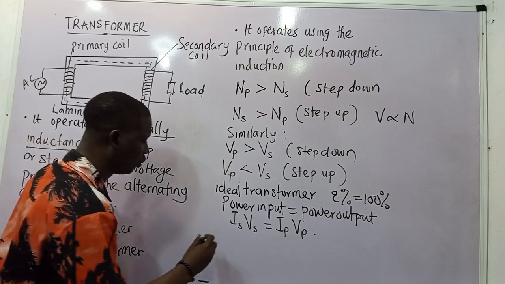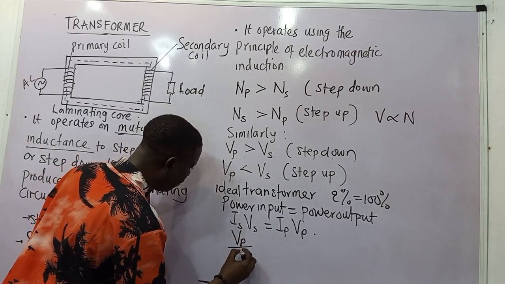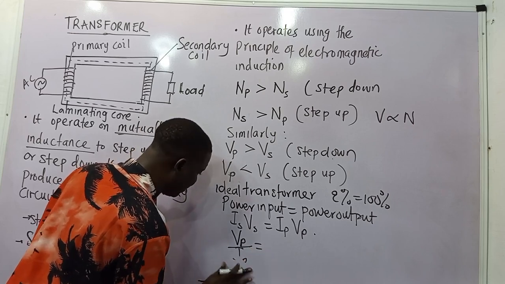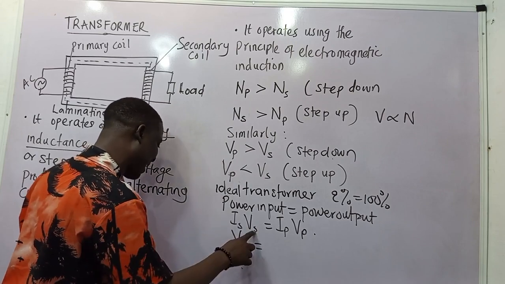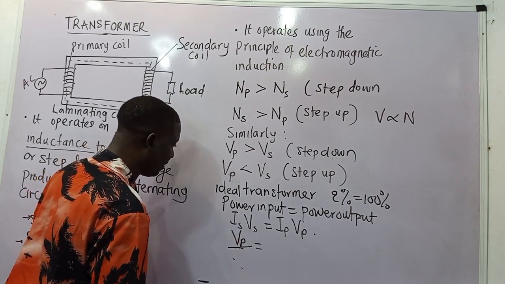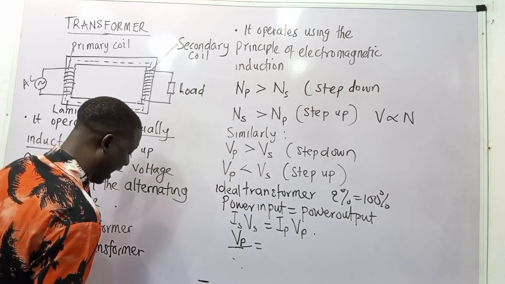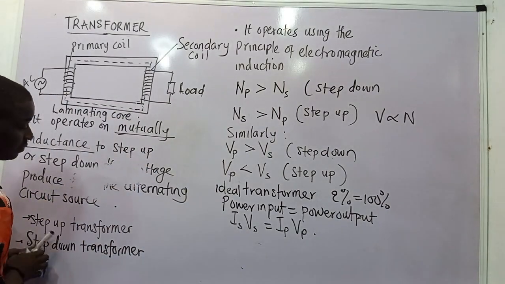Now, first, let me show you something. Remember that from this formula, we can say Vp over Ip equals what? Let me say you divide both sides by Vs and Ip. Now look at what we are going to have here.